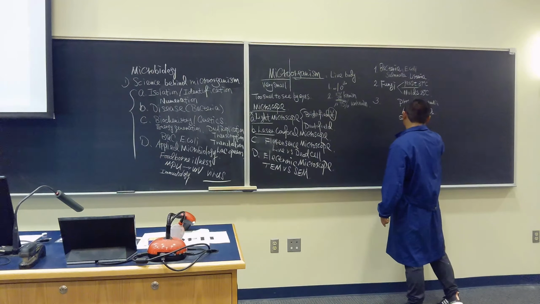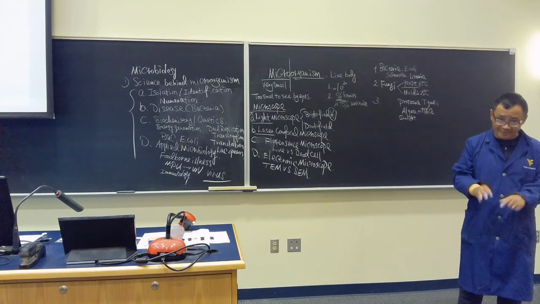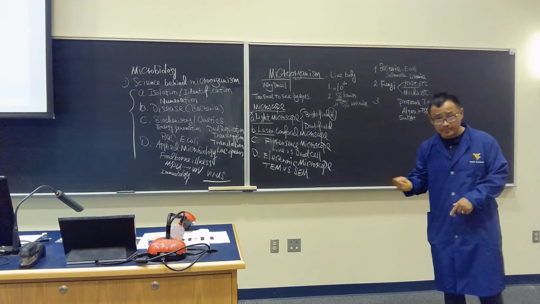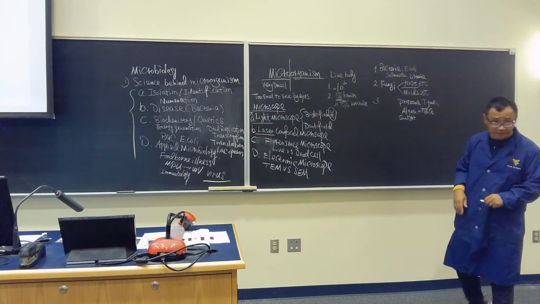Let's say E. coli, their energy resource is sugar, glucose. If there is no glucose, they have to use lactose and sucrose and other alternative sugars. But for the algae, what they use is sunlight, because they are doing photosynthesis.